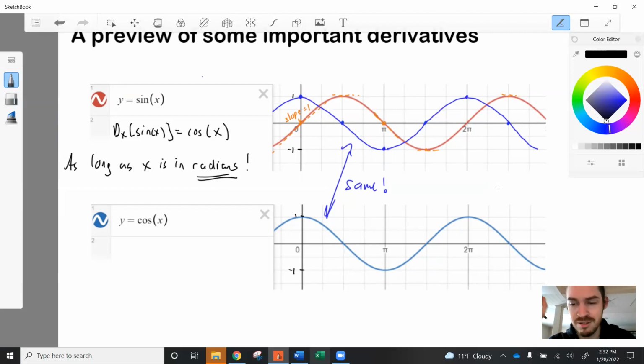They are different by a constant factor, so not significantly different, but at least different. So make sure that in calculus, almost all the time we'll be working in radians. And if I ever give you a problem that's not in radians, probably the first thing you should do is convert to radians, and then go from there. So there's our derivative of sine.